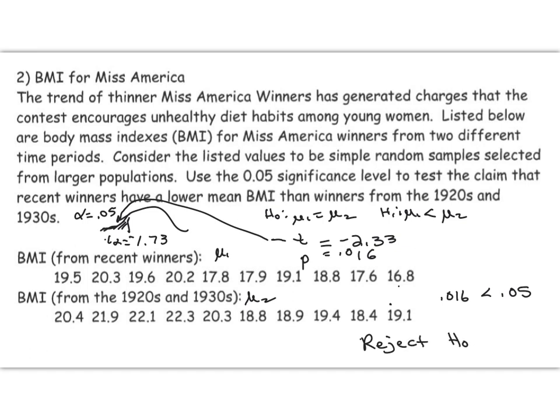So what that says is that the body mass from recent years is less than the winners from the 1920s. All right, hopefully that is all clear for you, and we will practice in class.